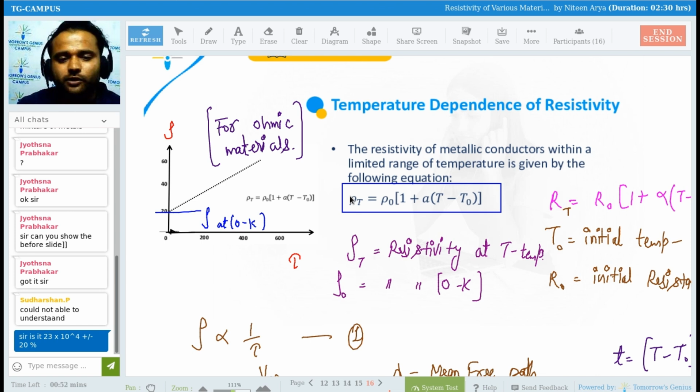So the meaning of this particular graph is that my resistivity is proportional to the temperature with alpha, which is some constant, and with this it is going to be linear, but not starting from the origin. Simple meaning: this has some constant C, like we have the equation y equals mx plus c.